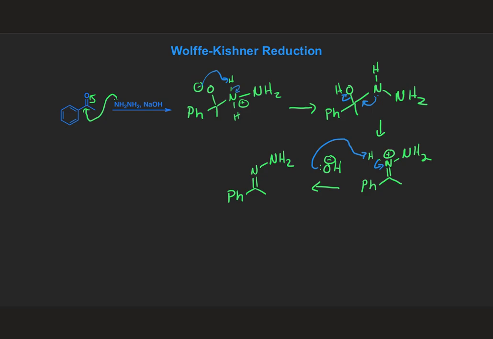Now, because we're under strong basic conditions, we're going to deprotonate again. I'm going to get another hydroxide. Remember, we started with hydroxide in this reaction, and so this hydroxide is likely one of these that we started with. And we're going to deprotonate the most acidic proton in this reaction, which is likely, it's not likely, it is this NH proton.